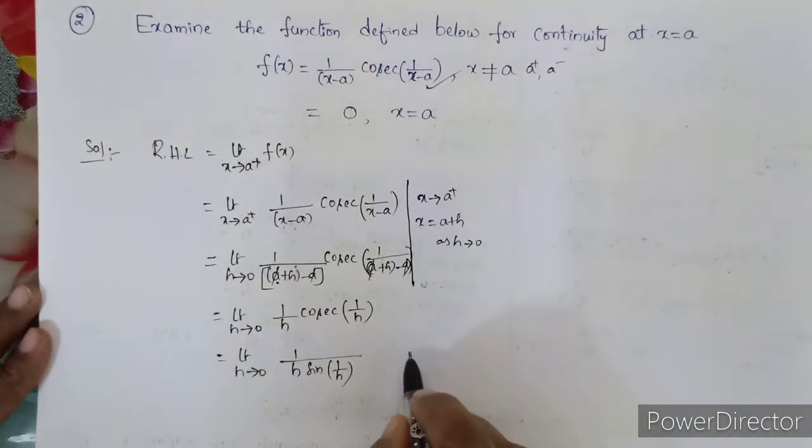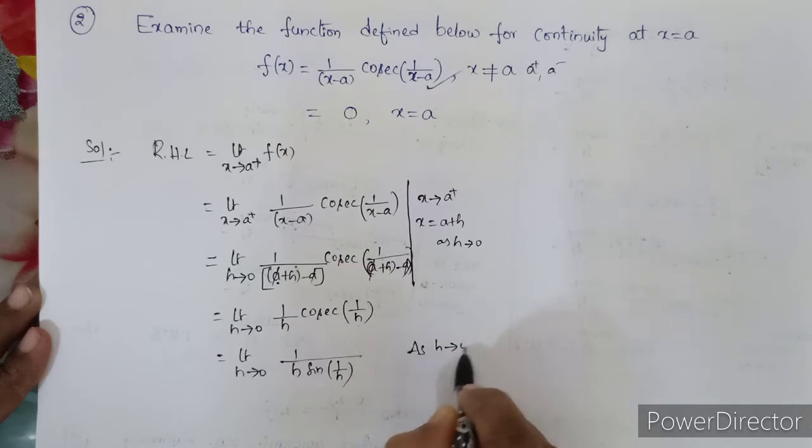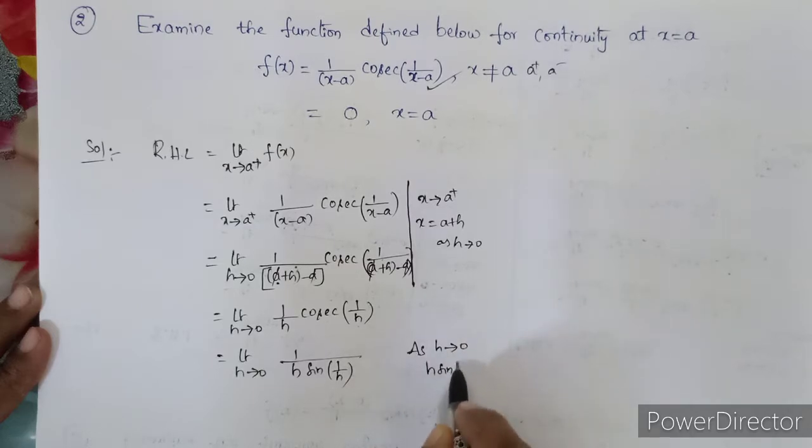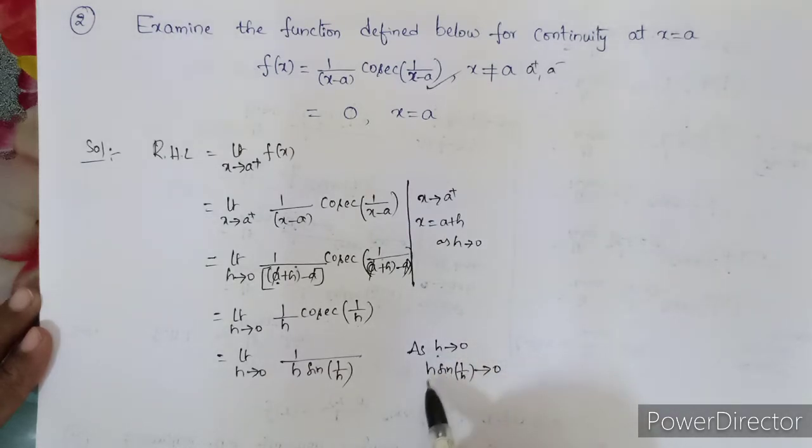Now, as h tends to 0, h into sine 1 by h also tends to 0, because as h tends to 0, 0 into a finite quantity, sine is a finite quantity. So 0 into something gives 0. Therefore, 1 by 0 is equal to plus infinity.